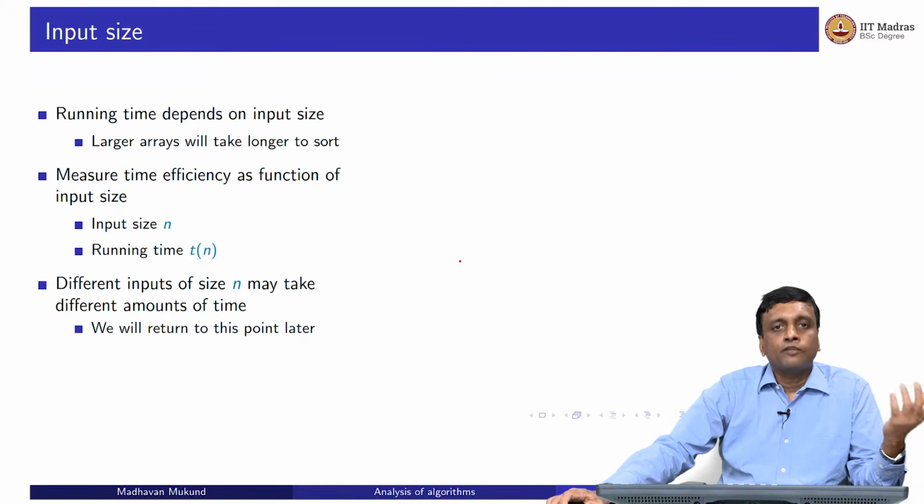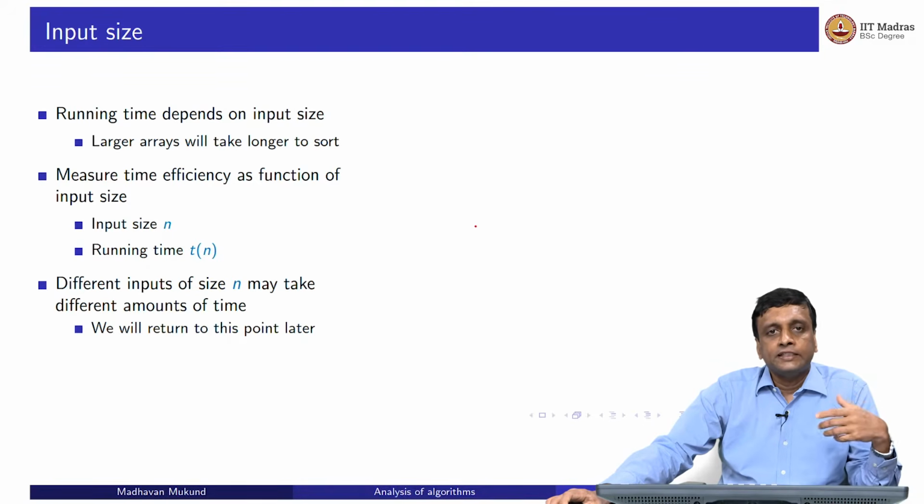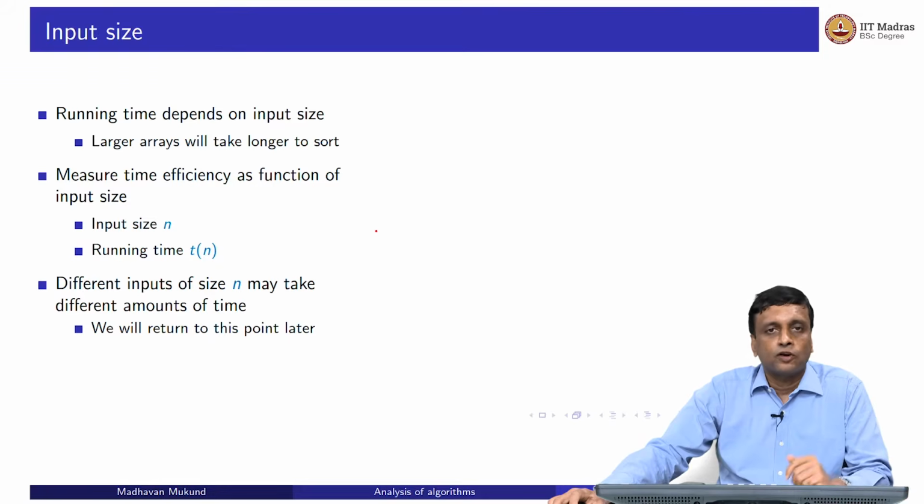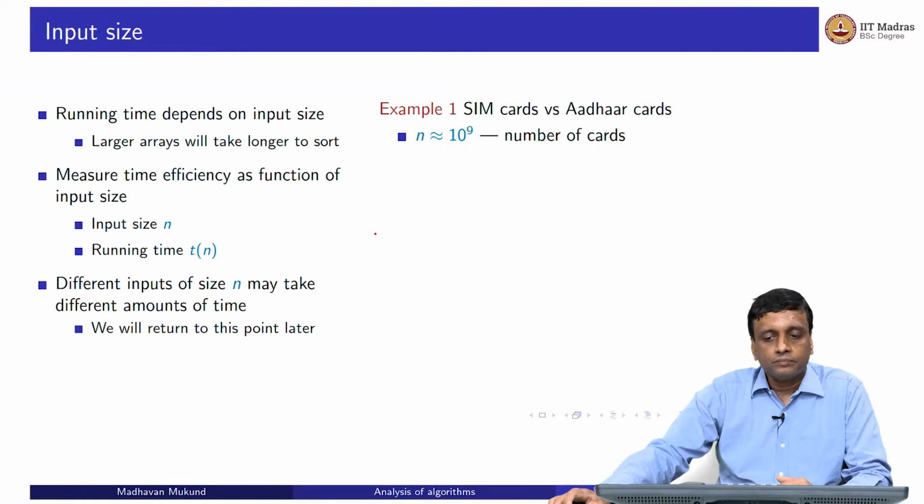Or when we are searching for a value, sometimes we might find the value very fast. It might be the first position that we look in the list that has that value. So clearly there is going to be a lot of variation even for the same input size. So we will have to come back to this a little later and argue about which inputs of size n we are looking at. So with this minimal background, we will come back and address these points more formally.